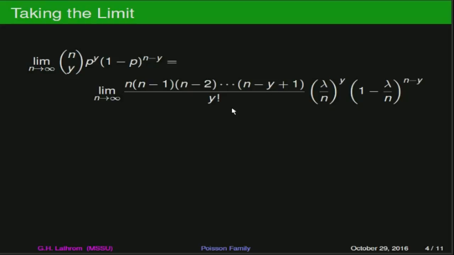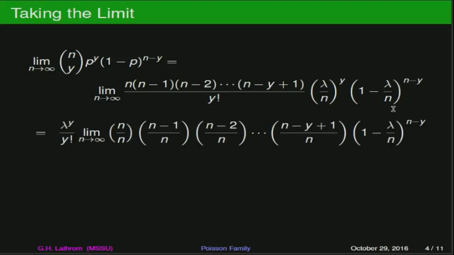Inside, we'll replace our p with our rate, lambda over n, in both of these places. Now, the lambda to the y has absolutely no bearing on n, and neither does the y factorial, so we can pull those out to the front.